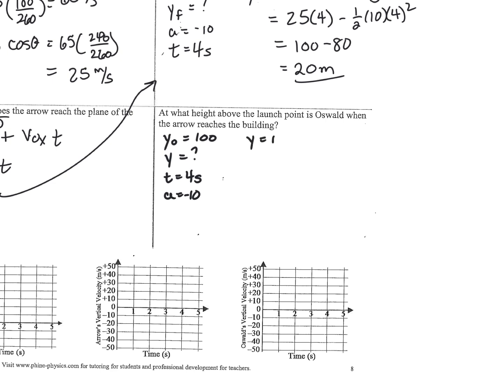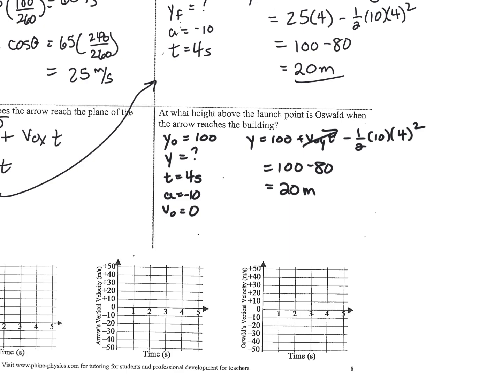Y equals 100. What's his V initial, guys? If he's jumping, he's just dropping out. It's 0 in the y direction. So V initial in the y direction times t goes away, minus 1/2 of 10 times 4 squared. So we're left with 100 minus 80, which is 20 meters. Uh-oh.